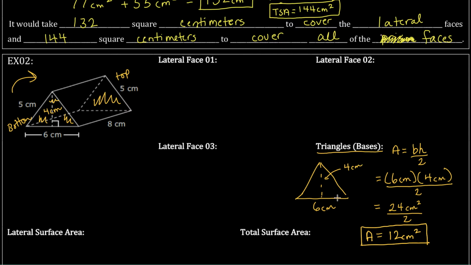Cool. Don't forget that we have 2 of these, the top and the bottom. So I'm going to put that in here, 12 square centimeters. Okay, actually I can draw that a tiny bit better.